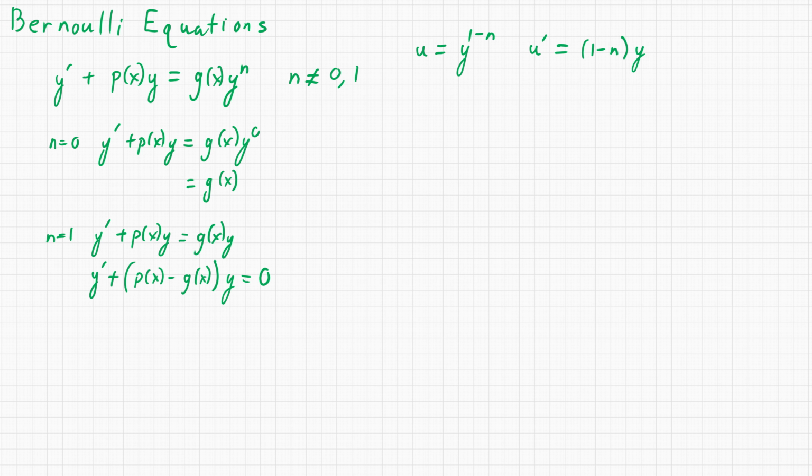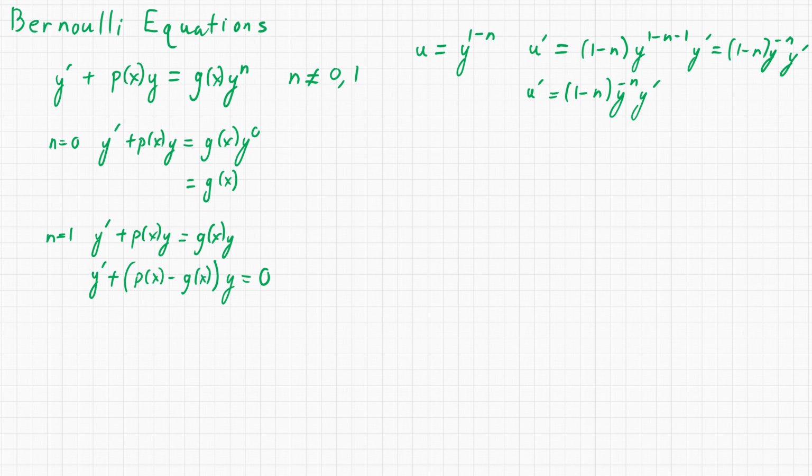Then we're going to have y, and we decrement the power, so we have 1 minus n minus 1. The 1 and the minus 1 cancel, so this is just minus n. I forgot the y prime, right, chain rule. So u prime is equal to 1 minus n, y to the negative n, y prime.